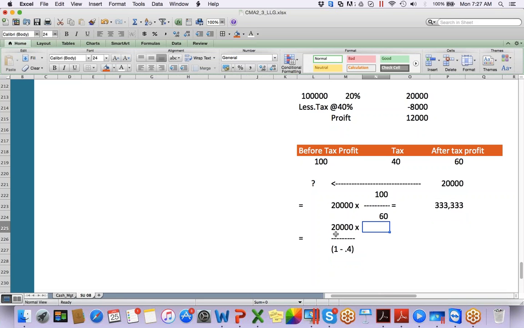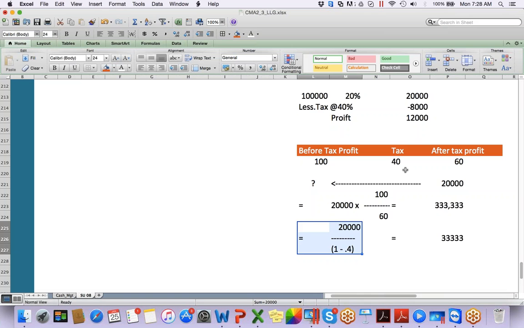And what about this calculation which I gave you here? 1 minus t. Yeah, calculate please. 20,000 divided by 0.6. 0.6, that is 1 minus 0.4. Okay. What is the answer? You are getting the same or not? 33,330, right? So better use this formula.